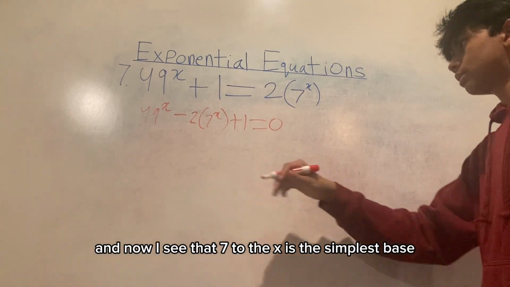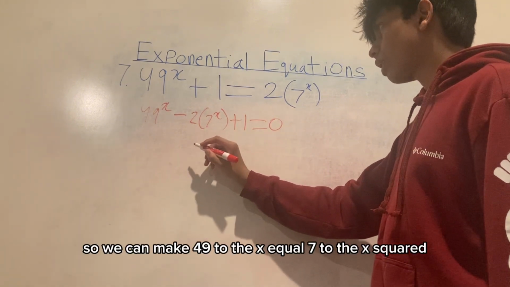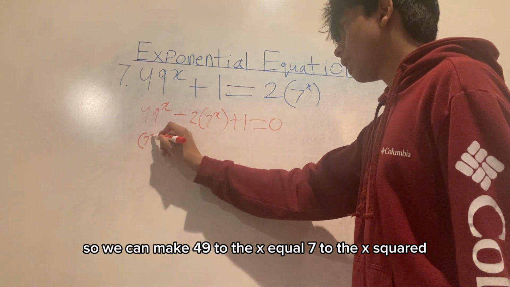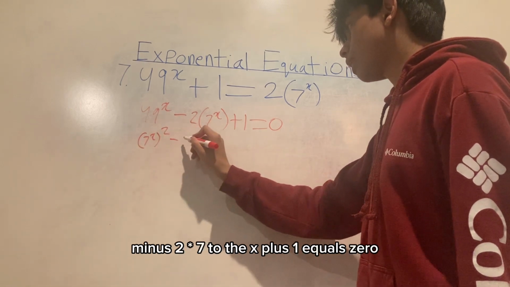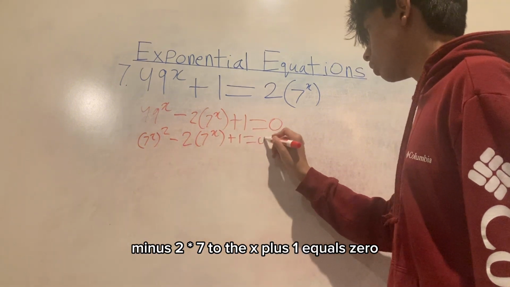And now I see that 7 to the x is the simplest base, so we can make 49 to the x equal 7 to the x squared minus 2 times 7 to the x plus 1 equals 0.